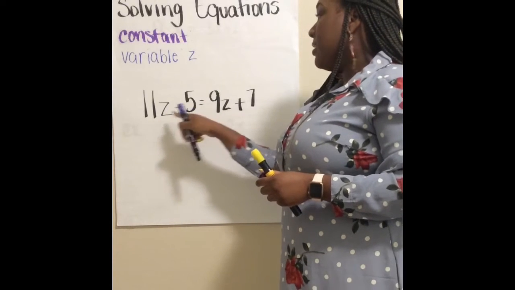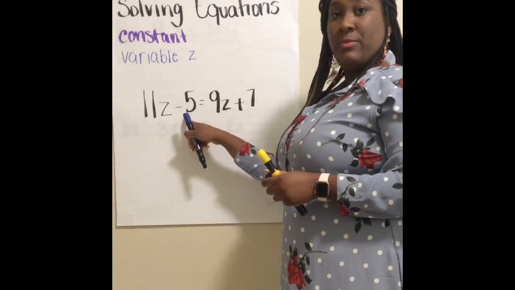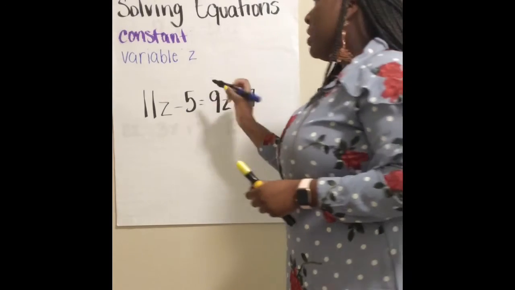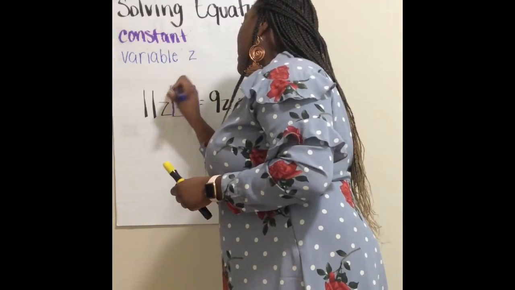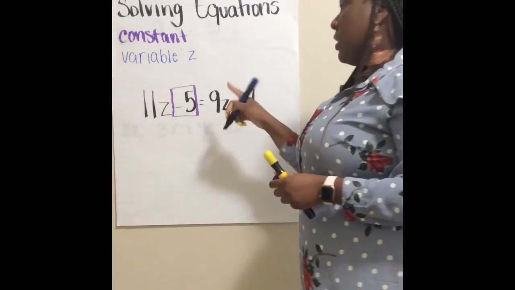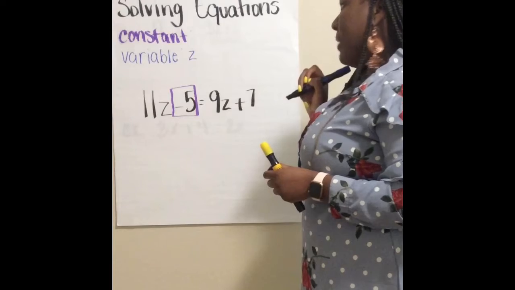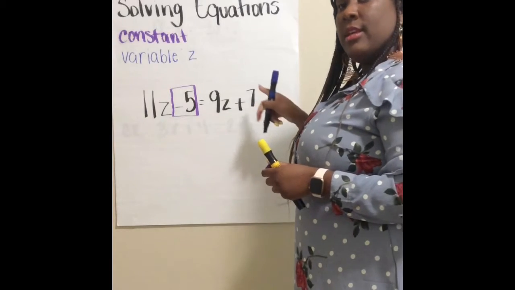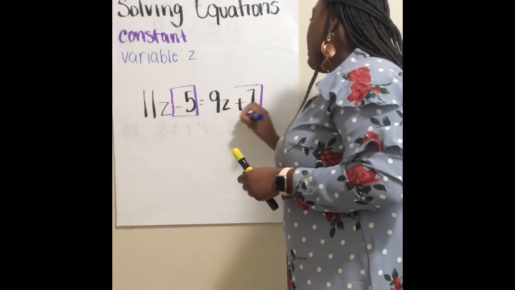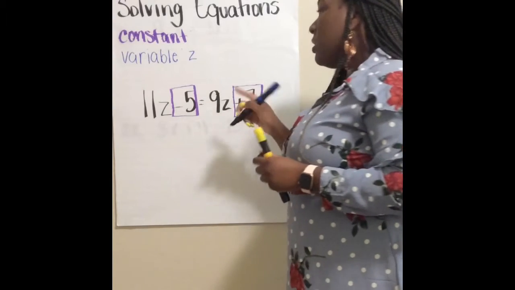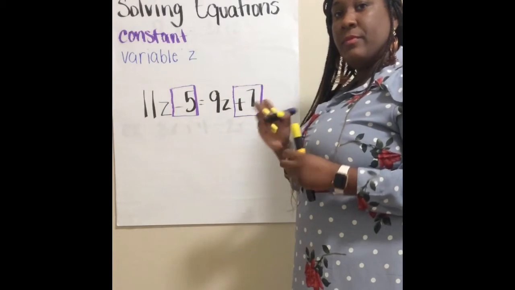So our first constant is what? -5. When I box that, that is one constant. Do we have any other number that's by itself? Yes. Our next constant is +7. So are we done? We are.